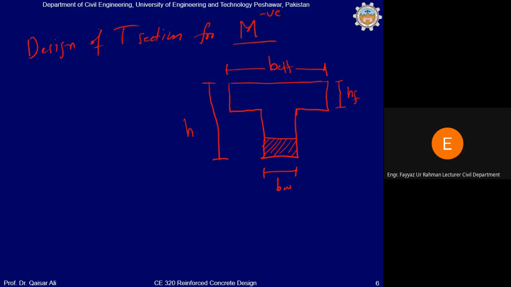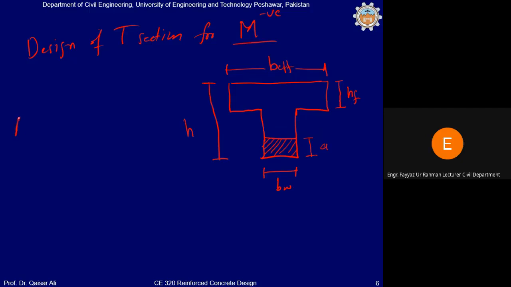Using the same rectangular beam design, because as I told you, you can design any shape of beam as a rectangular beam if the shape of the compression block is rectangular. In this case you see, the shape of the compression block is rectangular, so you can design this beam as a rectangular beam. Now is it clear? Yes, sir. Clear.